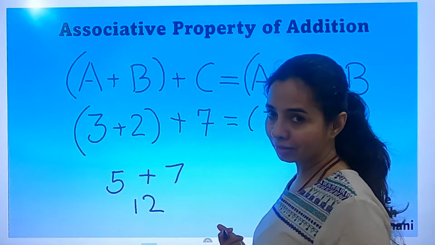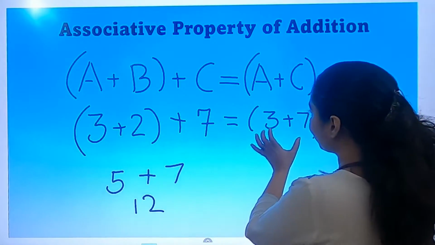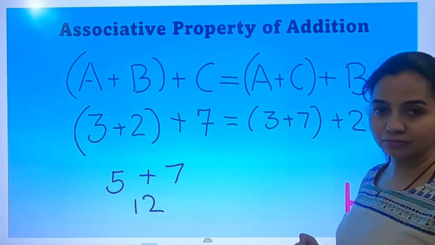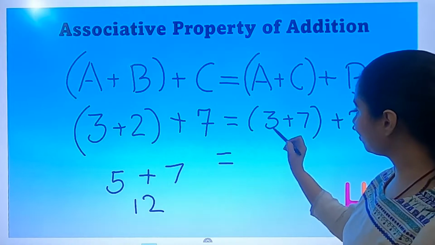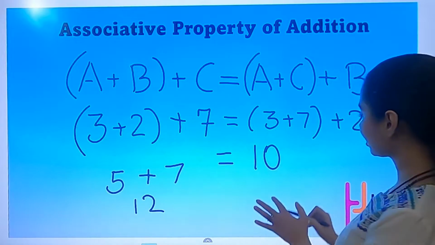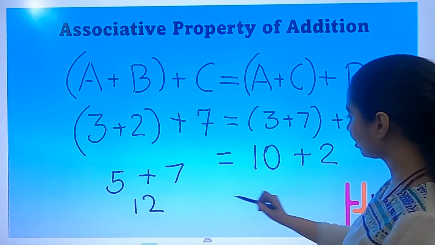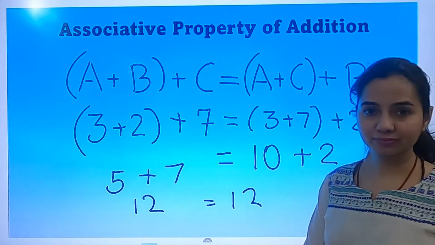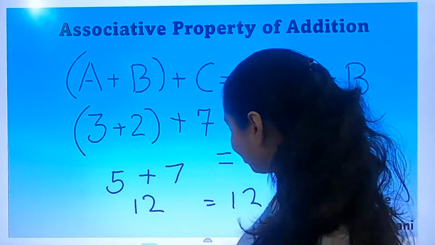It will really help you in your calculation. So, if I add 3 plus 7 and then 2, as I told you, these are a group of friendly numbers, it's 10, and then 2 is added to it, it's 12. See, it's the same. It is not different.